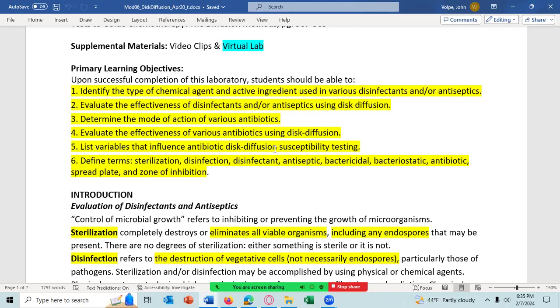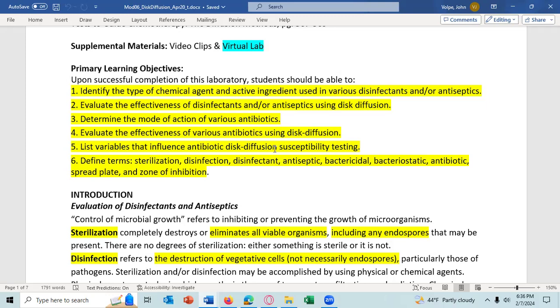All right, in this lab, we're largely going to be talking about the disc diffusion method. It does have other names. It's also called the Kirby-Bauer method, after the two scientists who discovered it. It is a way to determine the susceptibility of bacteria to different antimicrobial agents.